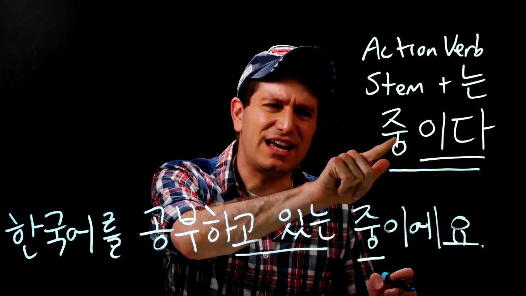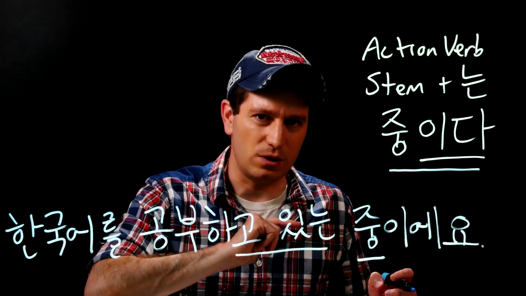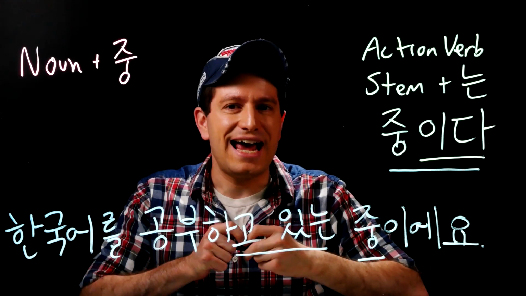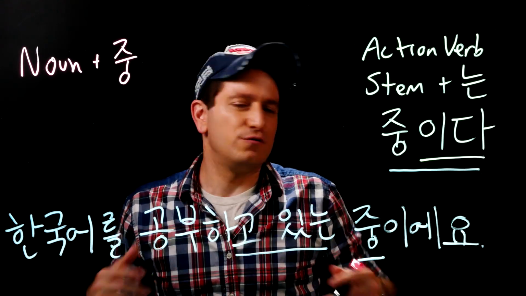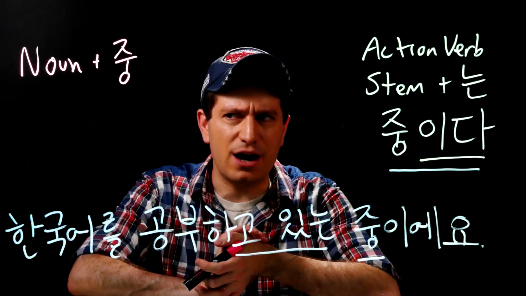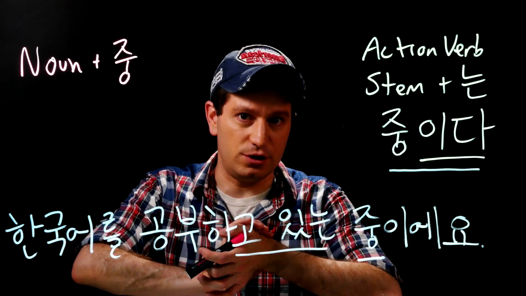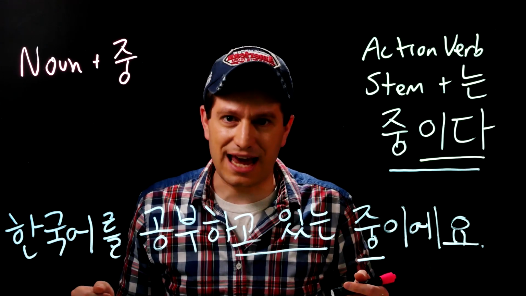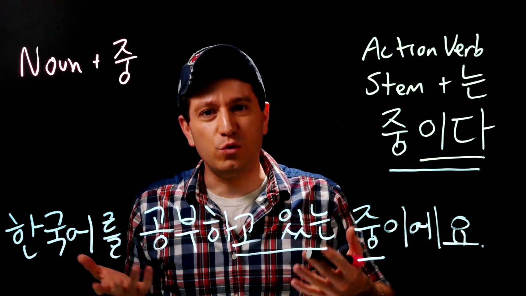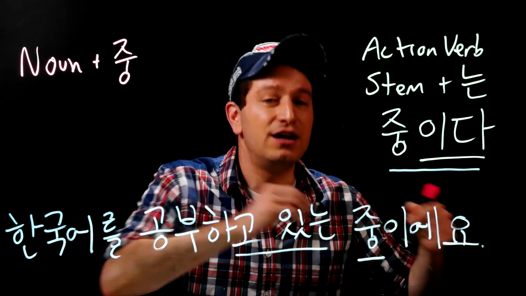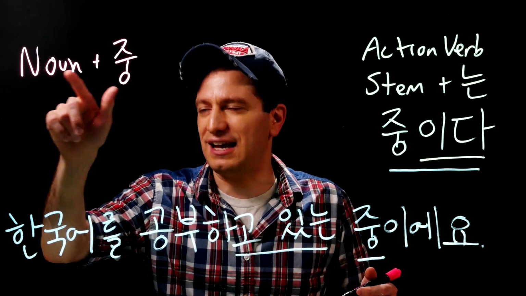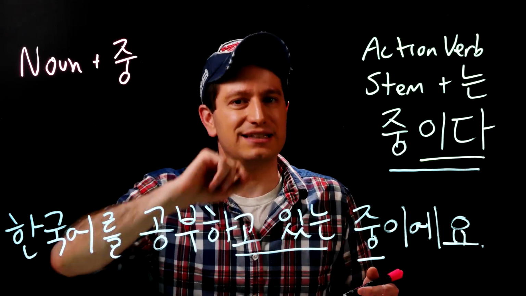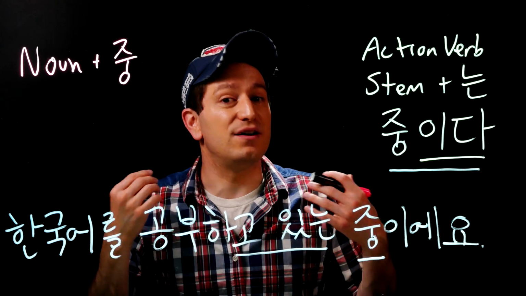But there's still something else that this 중이다 can be used for. Some nouns can attach 중 right after them without the need of any verb. For example, you can take whatever noun is used with any 하다 verb and attach 중 instead. So you can use 공부하는 중이다, or you can just use 공부, the noun, studying, 공부 중이다, to be in the middle of studying.